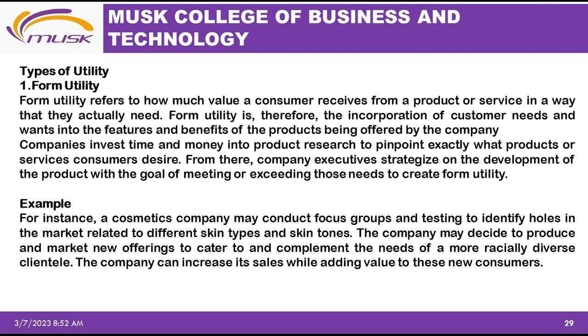One way that companies can ensure consumers achieve form utility is first to do research on what consumers need. For example, if it is a skincare product that they are offering, they can go into the market and identify customers with various skin types and skin tones.